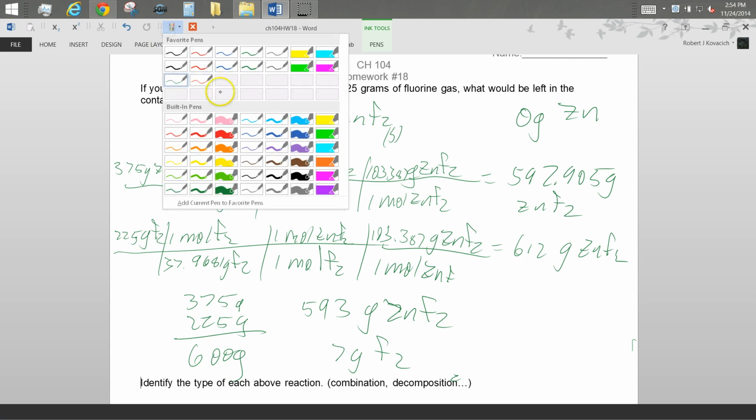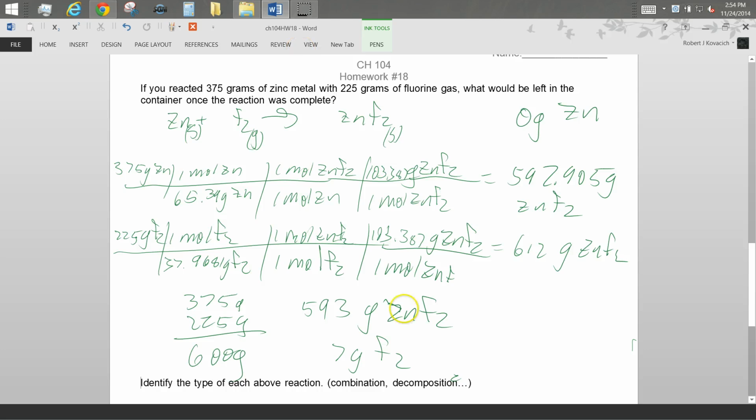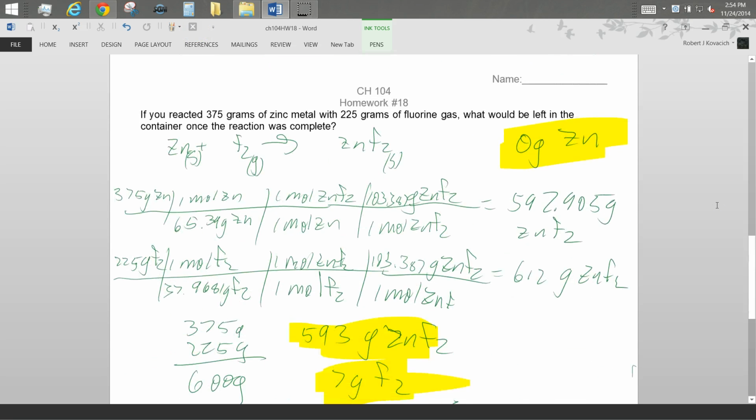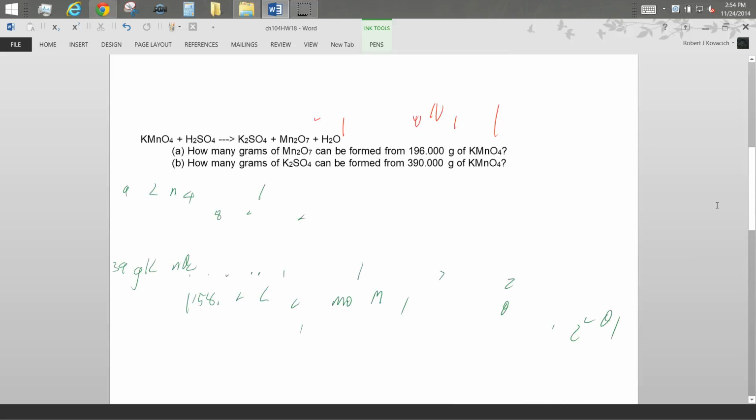So in my container, I've got 0 grams of zinc, 593 grams of zinc fluoride, and 7 grams of leftover fluorine. Okay. And last question for this one. The combination. So this one's a combination reaction.